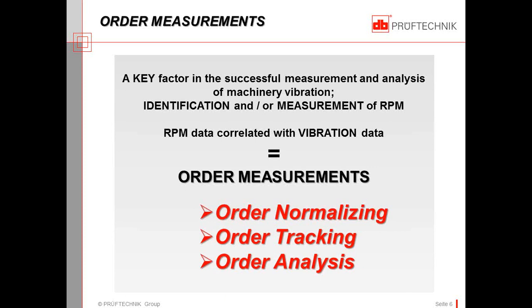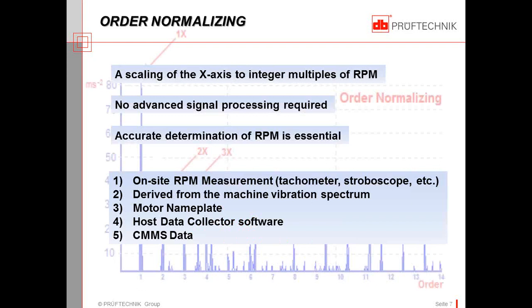Certainly, order normalizing is one of the most common order measurement techniques. So let's have a quick look at order normalizing. It is something that is well known, but it's worth revisiting order normalizing to just reacquaint ourselves with the procedures we use to normalize frequency spectra.